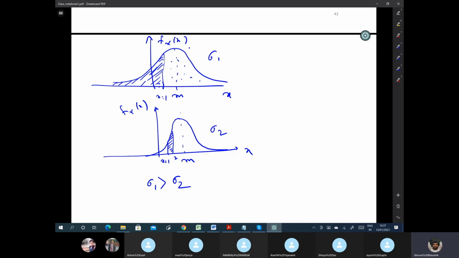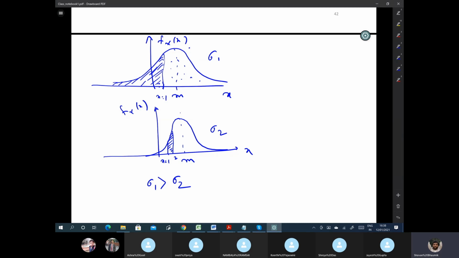If we integrate between the mean plus 1 sigma and minus 1 sigma, something like 60% will come, and if you integrate over 3 sigma, we get more than 95%. So the tail probability is very small. The probability near the mean, around the sigma, is more. This is its physical description.